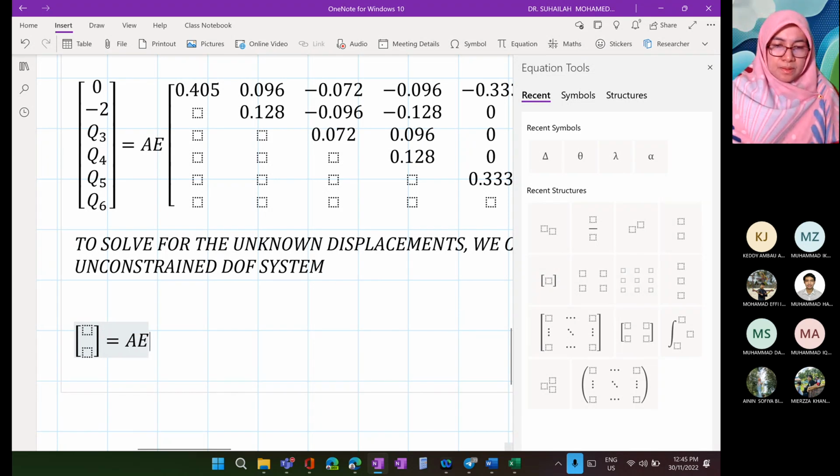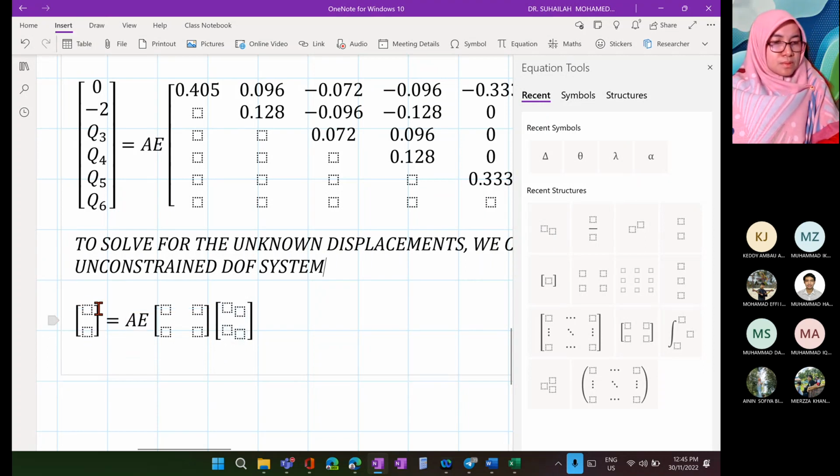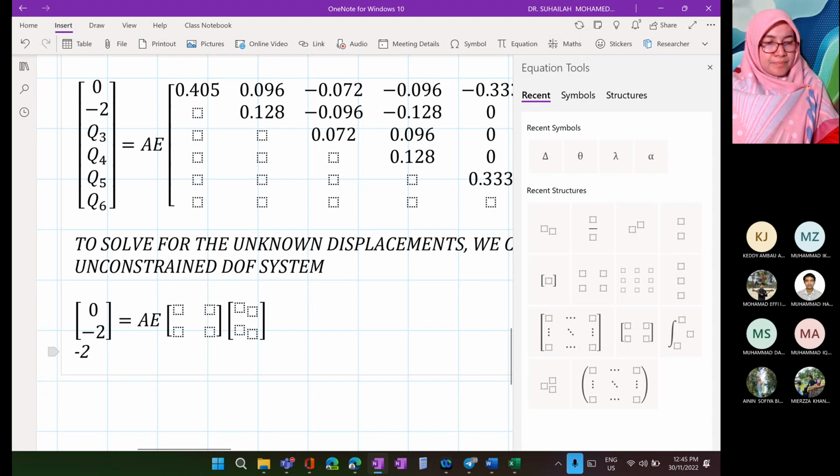So it is 2 by 2, AE times D1 and D2. This one is 0 and negative 2.